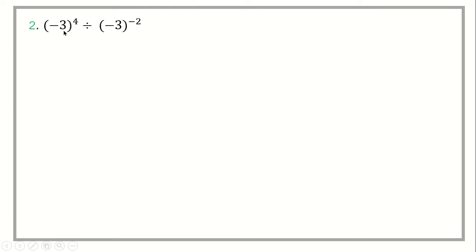Let's get to number 2. We have negative 3 to the power of 4 divided by negative 3 to the power of negative 2. Now, negative 3 to the power of 4 means negative 3 times negative 3 times negative 3 times negative 3, divided by negative 3 to the power of negative 2, which means 1 out of negative 3 times negative 3. Okay?